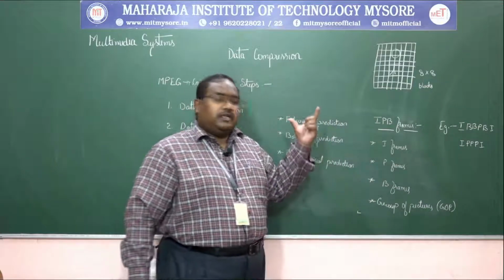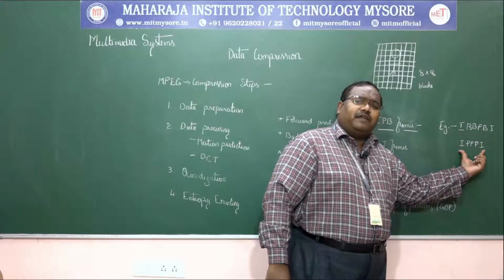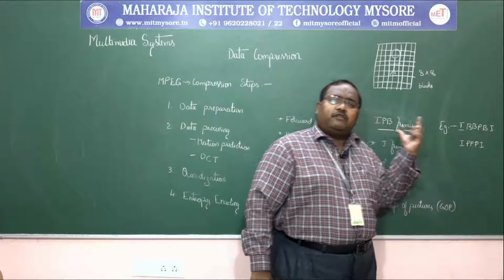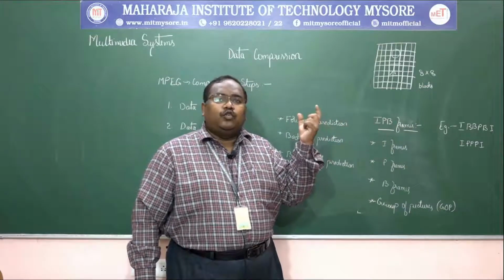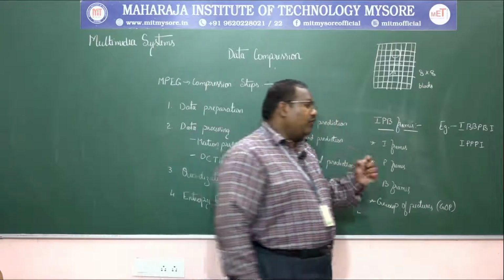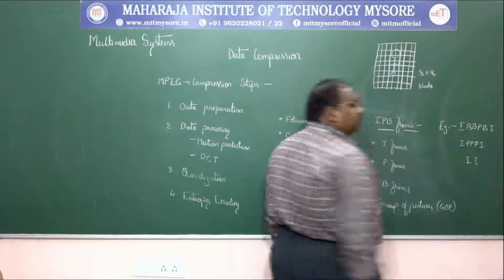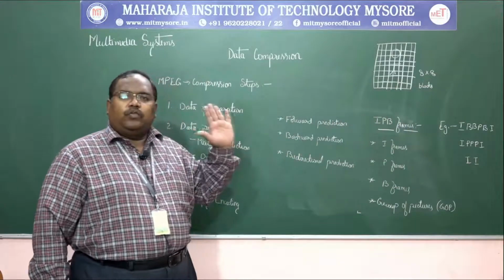Again, see, at the start and the end we have I frames. In between we are not bothered what kind of frames we have, but there are frames. That kind of grouping is said to be a group of frames, or it can also be a combination of only two I frames.